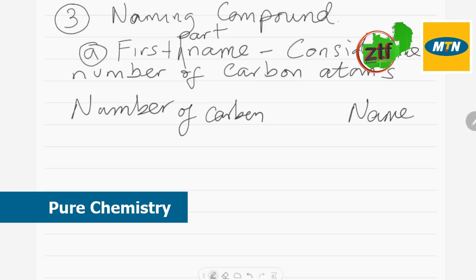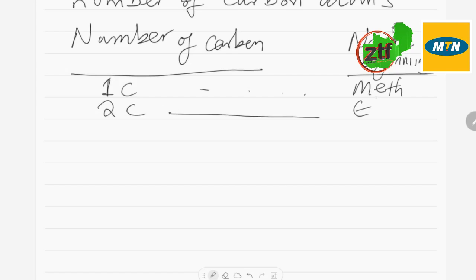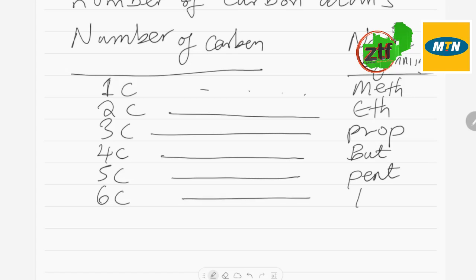Name beginning. So, if the number of carbon atoms is just one, the name beginning becomes meth. 2 carbon atoms, it becomes eth. 3 carbon atoms, it becomes prop. 4 carbon atoms, it becomes but. 5 carbon atoms, it becomes pent. 6 carbon atoms, it becomes hex.